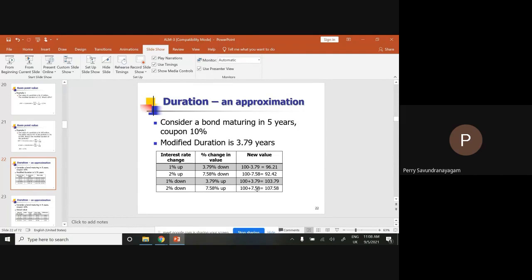So if you take a 1% move, it will have a 3.75% move on your portfolio, higher or lower, right? So 1 basis point will then account for 0.379% or whatever it is. But basically, if you have a duration of 3.75, and yields pick up by 1%, it has a 3.79 move.